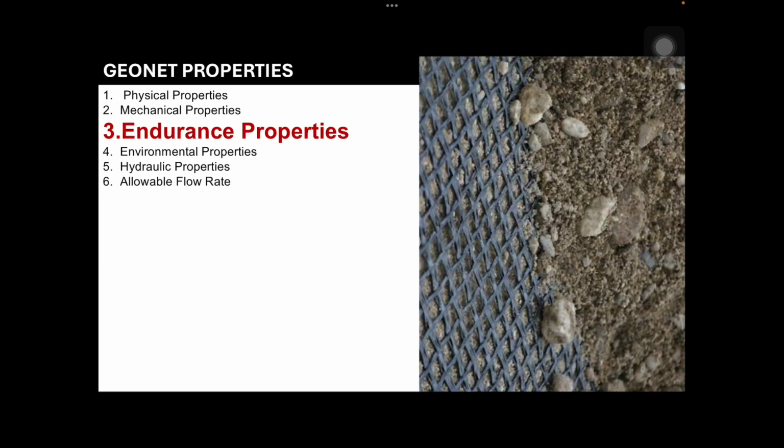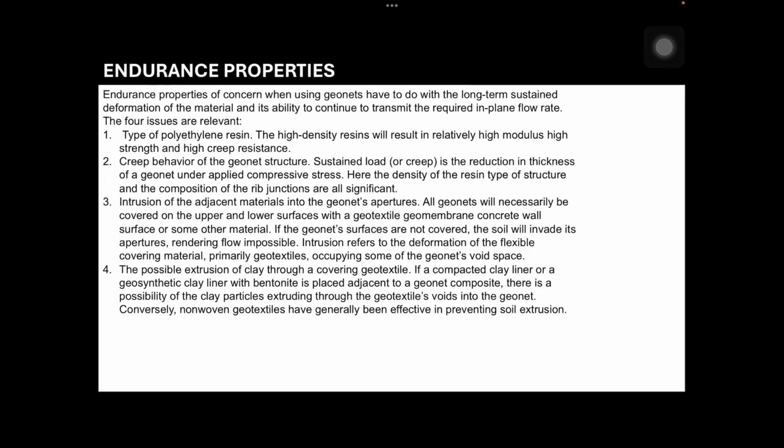So, next, the endurance properties of geonets. Endurance properties of concern when using geonets have to do with the long-term sustained deformation of the material and its ability to continue to transmit the required in-plane flow rate. Four issues are relevant.